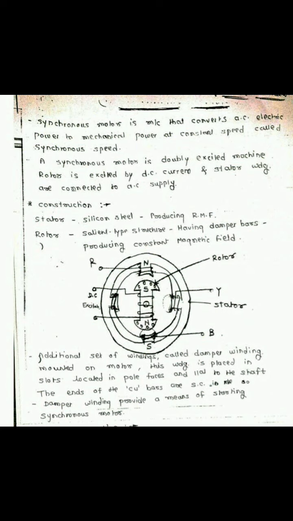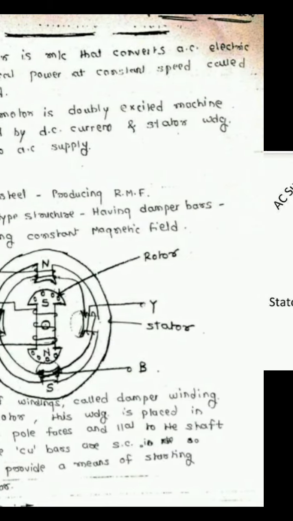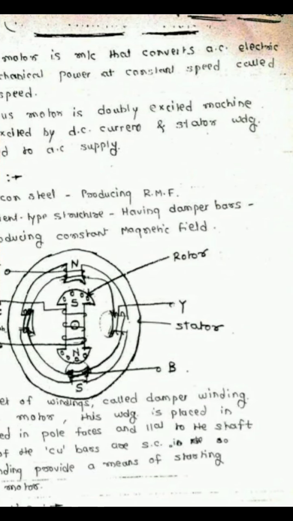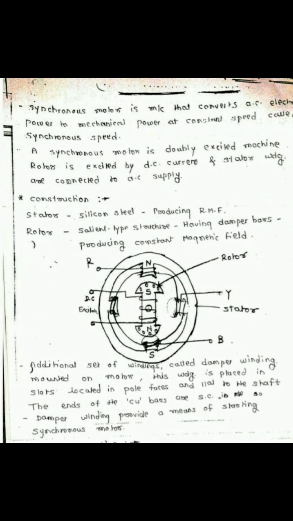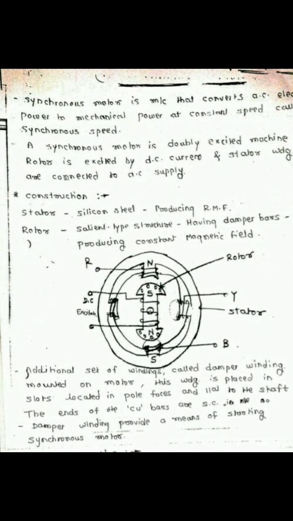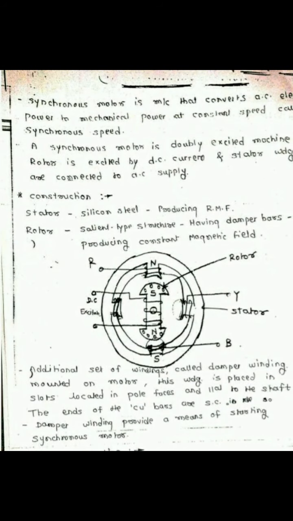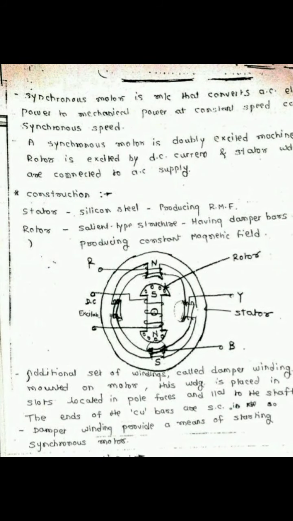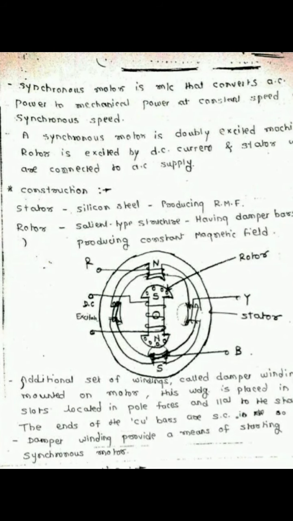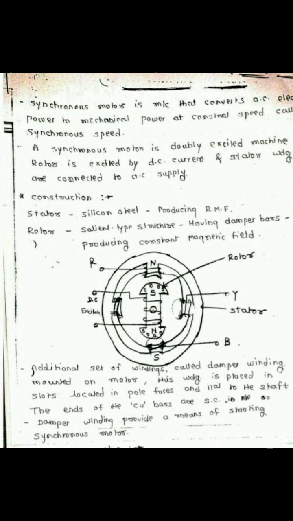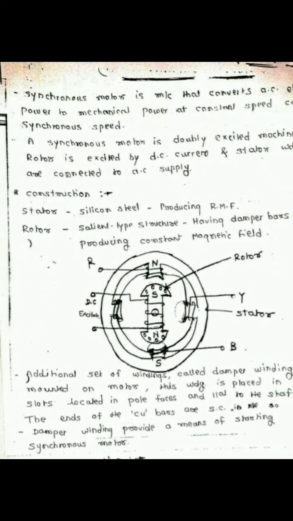So let's start with the construction of the synchronous machine. The synchronous machine has different parts. The first part is called the stator, which is made up of silicon steel. The function of the stator is to produce the rotating magnetic field. The second part is the rotor. Basically this rotor is a salient type of structure, and it has damper bars, producing a constant magnetic field.